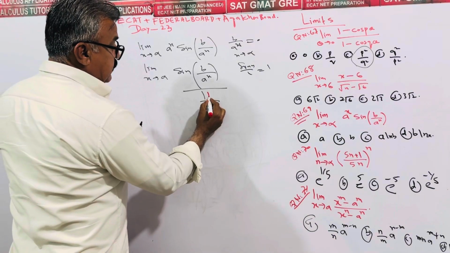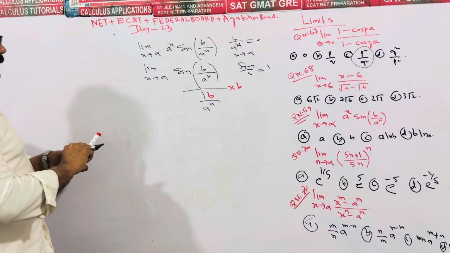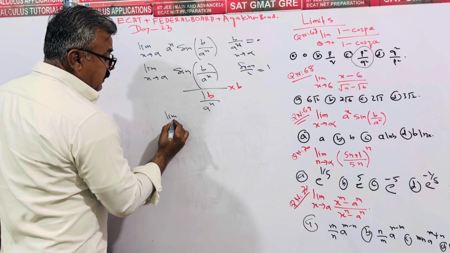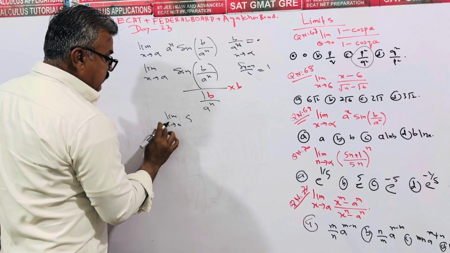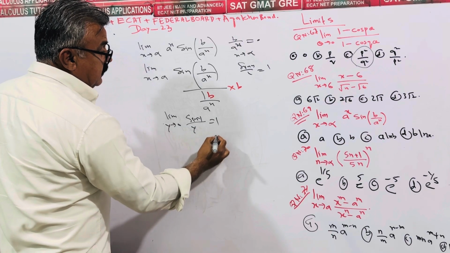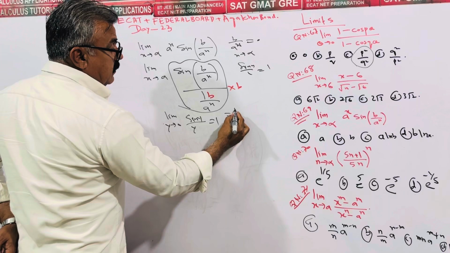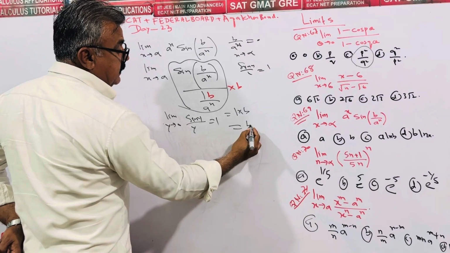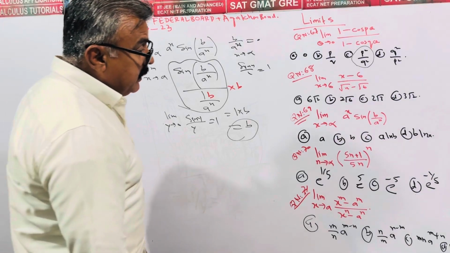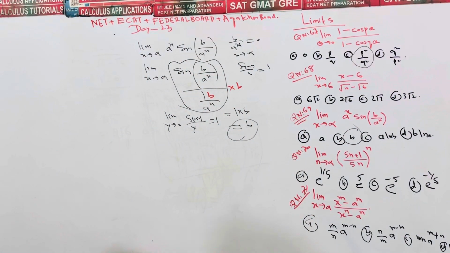It is tantamount to limit y tends to 0, sin y over y, which is equal to 1. So it is equal to 1 times b, that is b. So the option is B.